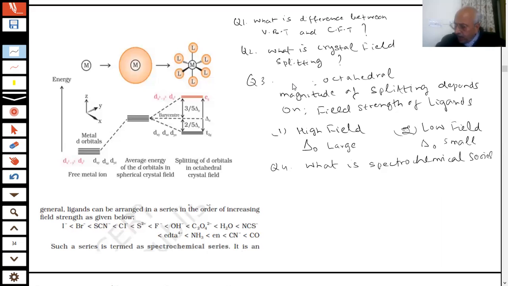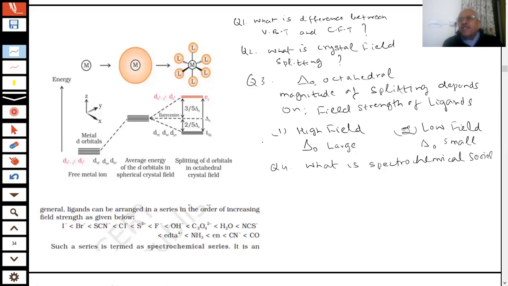So we can arrange the ligands in the order of increasing field strength. That is, experimentally, after spectrochemical evidence, a series has been obtained, students.